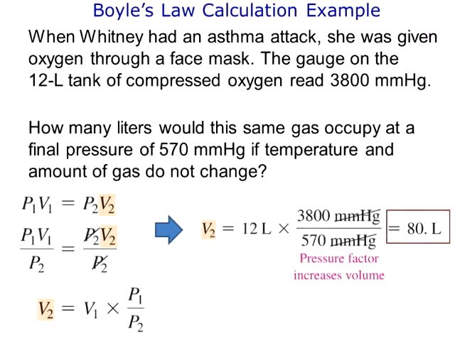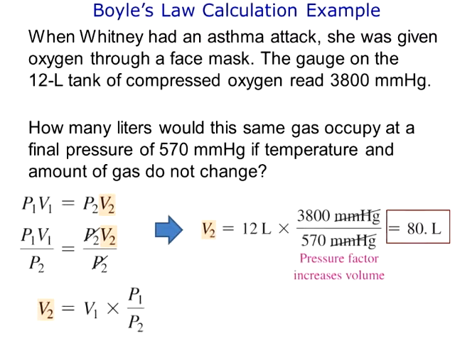So let's work a problem using Boyle's Law. Here it is. When Whitney, or Sarah, or Bobby, or Randy had an asthma attack, she was given oxygen through a face mask. The gauge on the 12-liter tank of compressed oxygen read 3,800 millimeters of mercury.